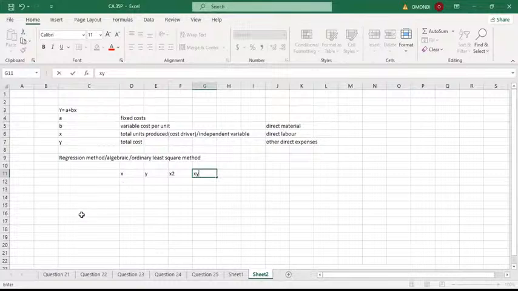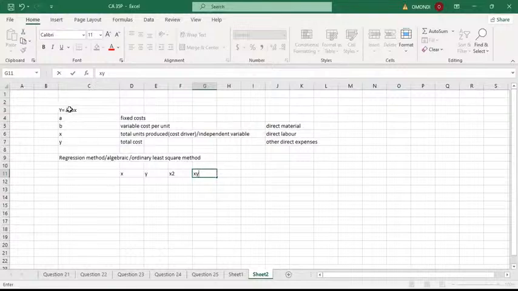So once you identify those values there, you are also supposed to know some formulas here.